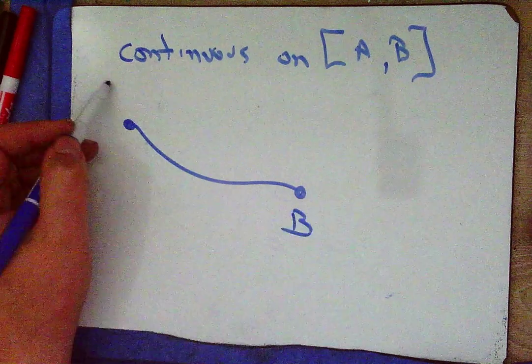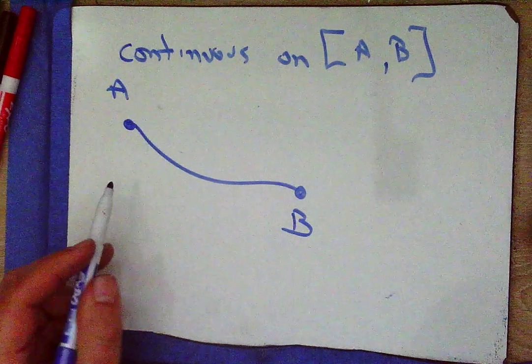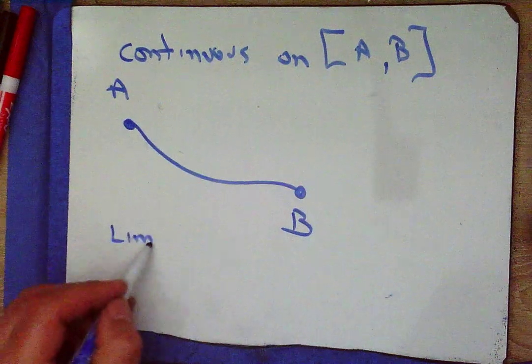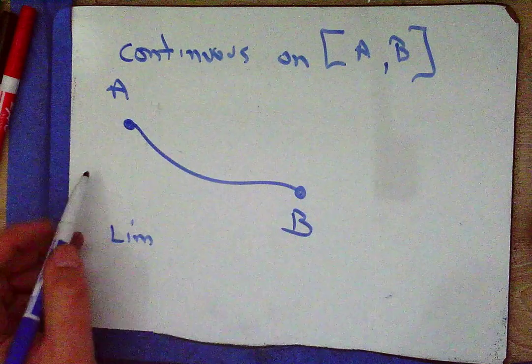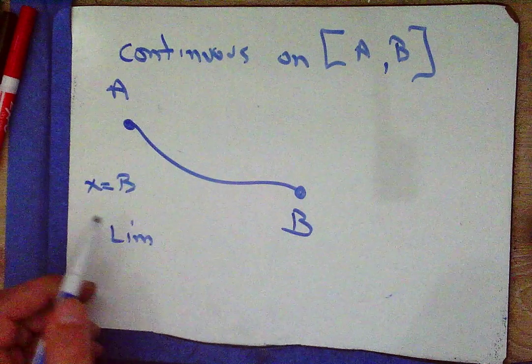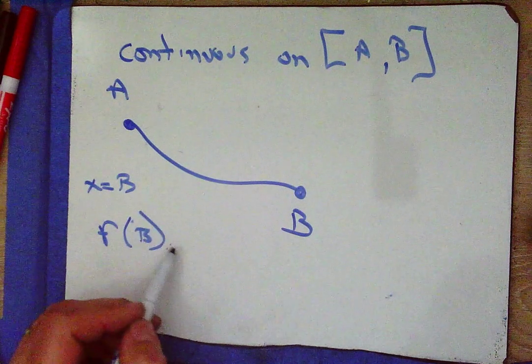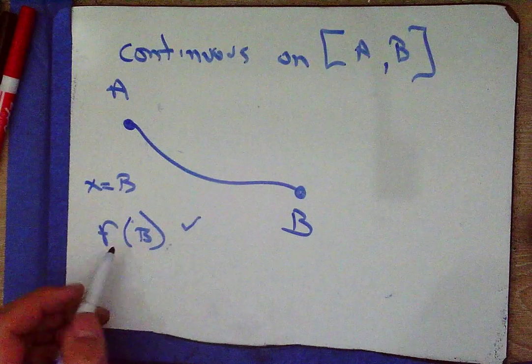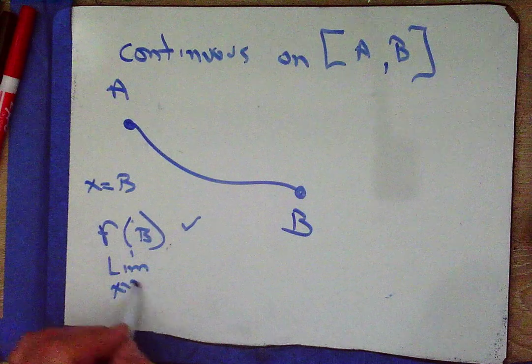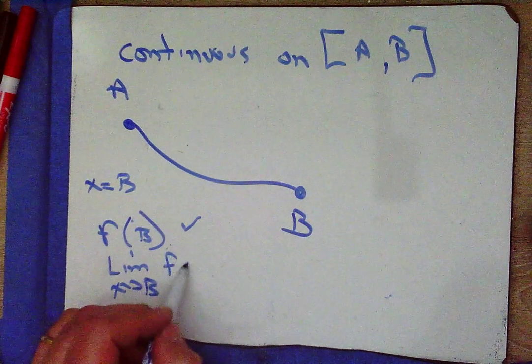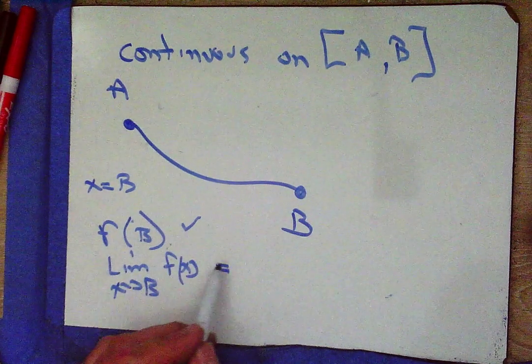Here's B, here's A. Now, we said if we wanted to be continuous at x equals b, we would need a couple of things to exist. We'd need f of b to exist. Yes, that exists. We'd also need the limit as x approaches b of f of x to exist. And remember, what does that imply?